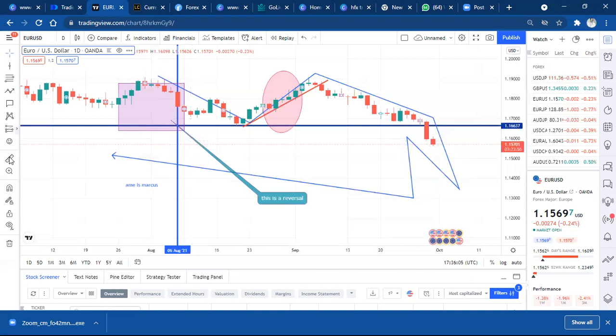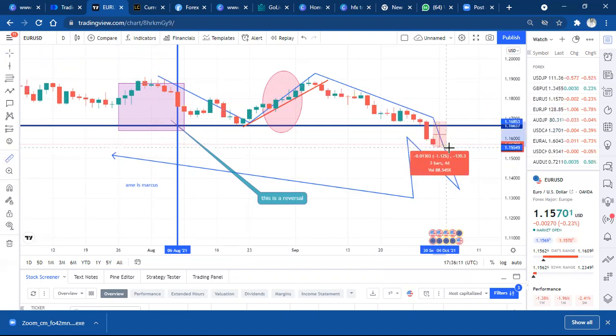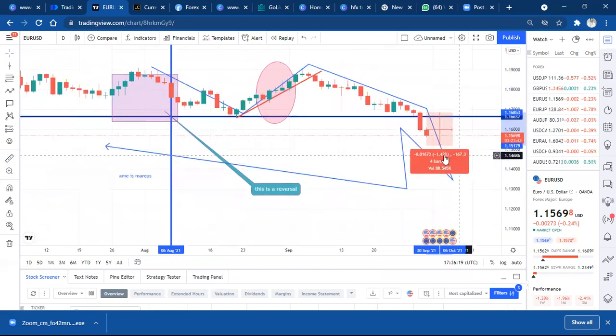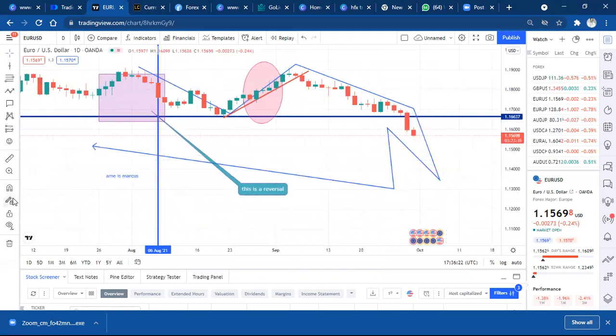Just a moment. Right, good. Can you see? You can use a ruler to measure. But basically, those are the major tools you will need to operate your TradingView. I hope this is clear.